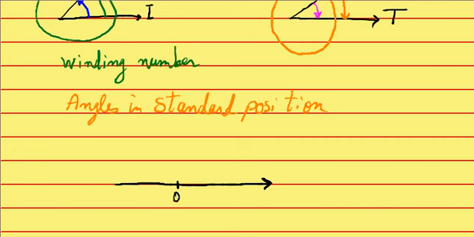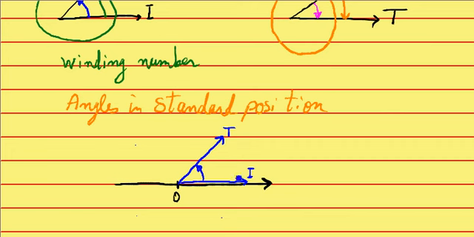Say this is the origin, and when I want to talk about an angle, I put the initial side here. So this is going to be my initial side, and a terminal side wherever it might happen to be. So if, for example, here is the terminal side, and perhaps my angle is just that. Well, perhaps the terminal side is here, or in this location, or in this location, as the case might be.